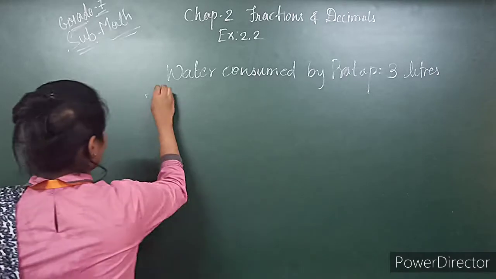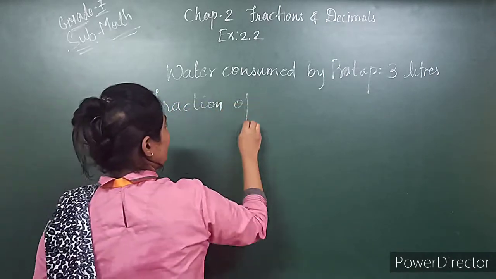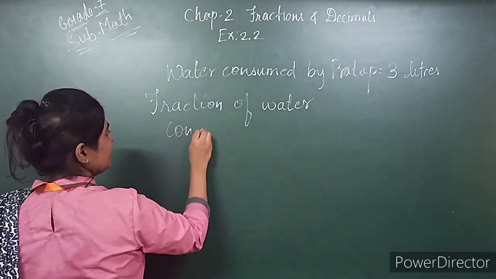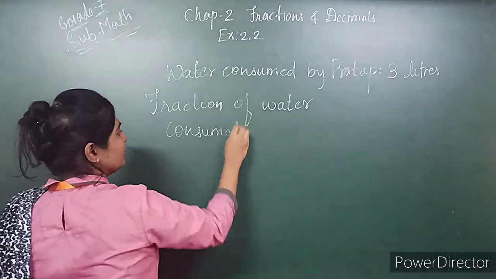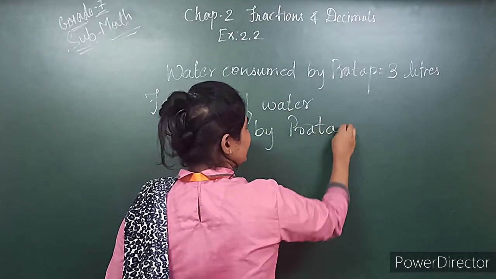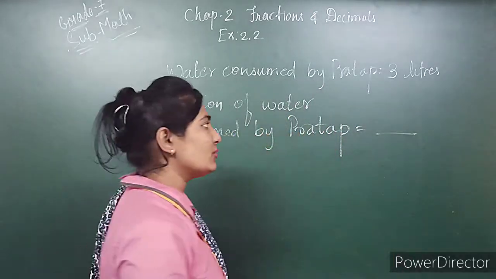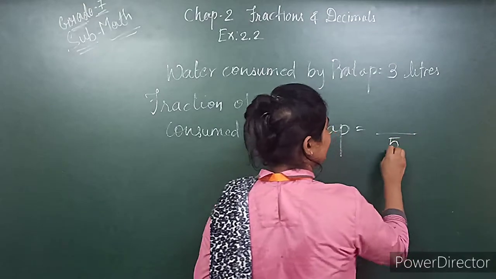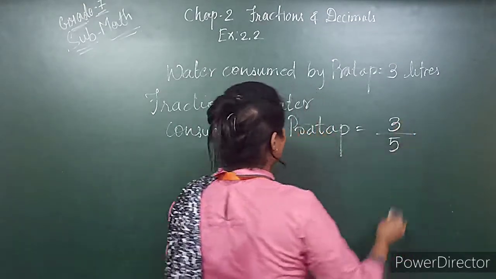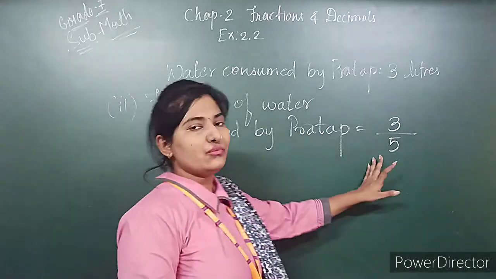Now the fraction of water consumed by Pratap is equal to, we know that the total amount of water is 5 liters, so we write that 5 in the denominator and the total water consumed by Pratap, that is 3. So the second answer is 3 upon 5.